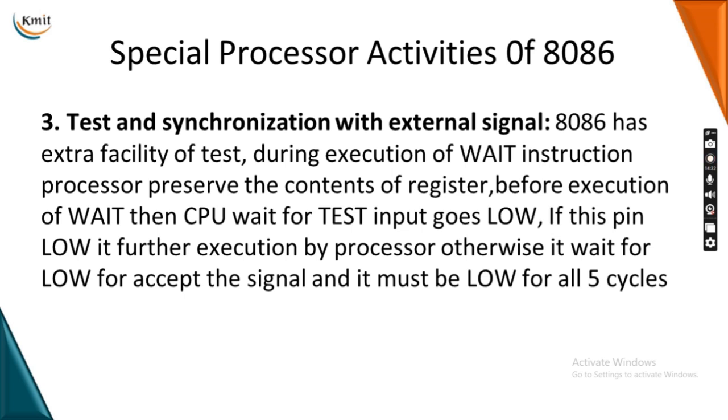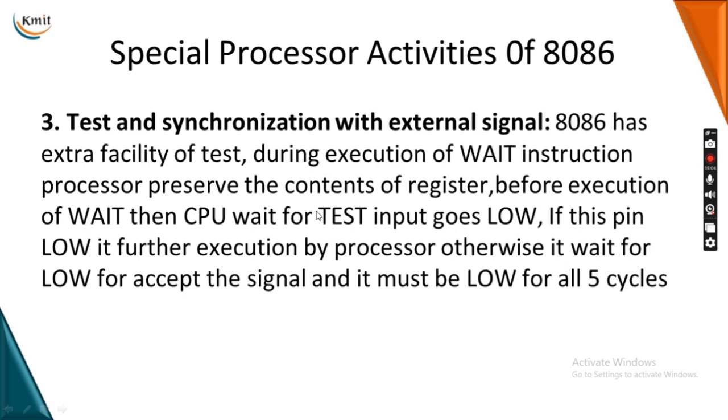Third, test and synchronization with external signal. When an external signal is applied, how does it test and synchronize with the external signal? 8086 has an extra facility to test during execution of the WAIT instruction. During testing, it will preserve the contents of the registers before execution of WAIT.